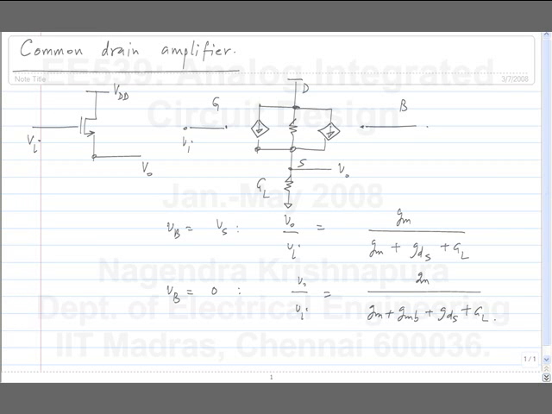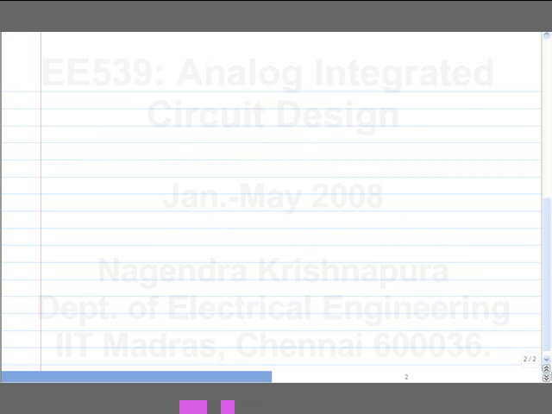So in most technologies, when you make a source follower with an NMOS transistor, you will not get a unity gain. You will get something of the order of 2/3 or 0.8 or something like that. The common drain amplifier is also called a source follower because the source voltage follows the gate voltage.